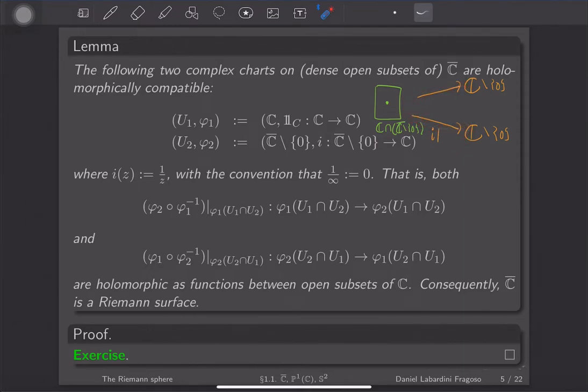Whenever one has a space, let's say a Hausdorff topological space with a countable basis, and one can cover it with certain open sets, and one has functions such that the transition functions are holomorphic, one calls the space a Riemann surface.